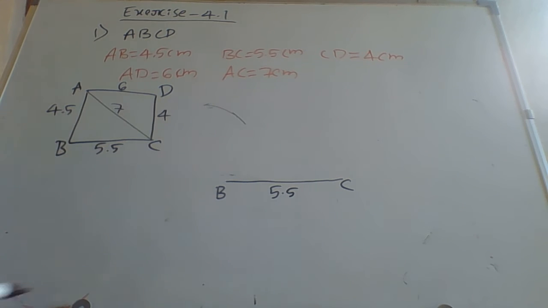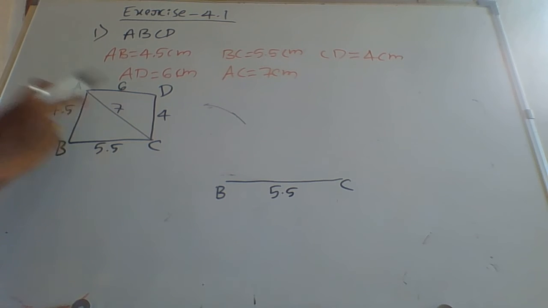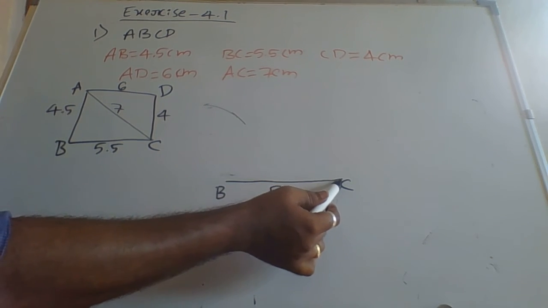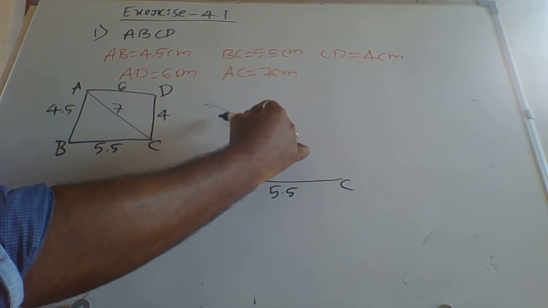So now to get this point A, we can draw another arc from point C. Here it is 7 centimeters. Again consider 7 centimeters in your compass, place it on point C and draw an arc.